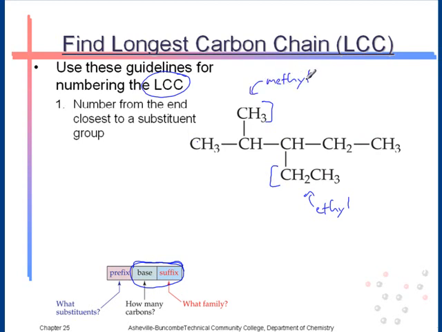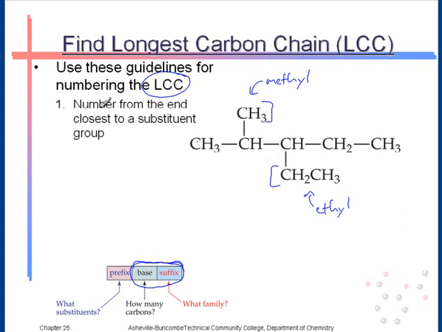I'll do a little bit more formal song and dance on these later on. I just want to get through the construction of the names here. But those numerical values on the longest carbon chain establish the positions where these different substituent groups show up.